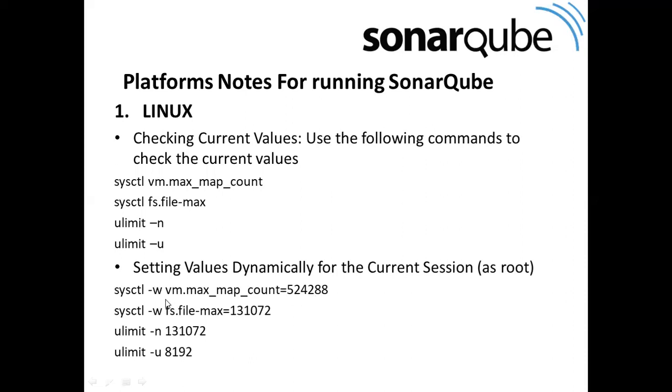Next, sysctl -w fs.file-max 131072, like that. You have to set these values dynamically for the session. Here ulimit -n, give the value, and ulimit -u, give the value here.